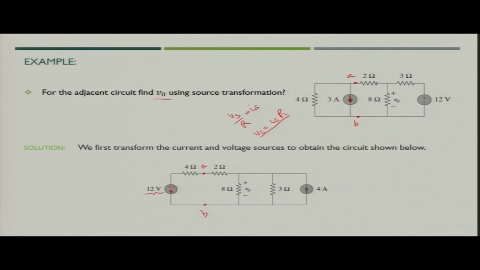Next, what you have to do? You can see easily that the 4 ohm and 2 ohm resistances are in series.